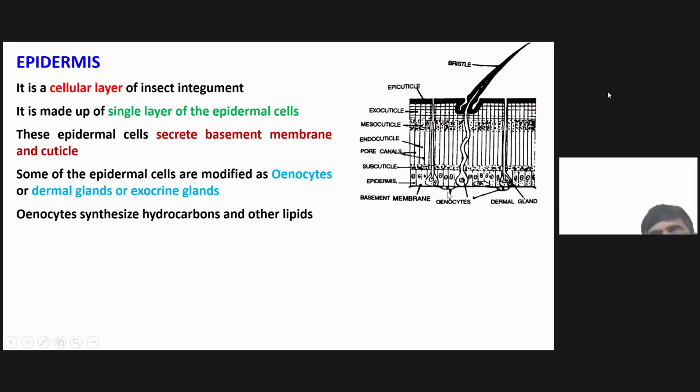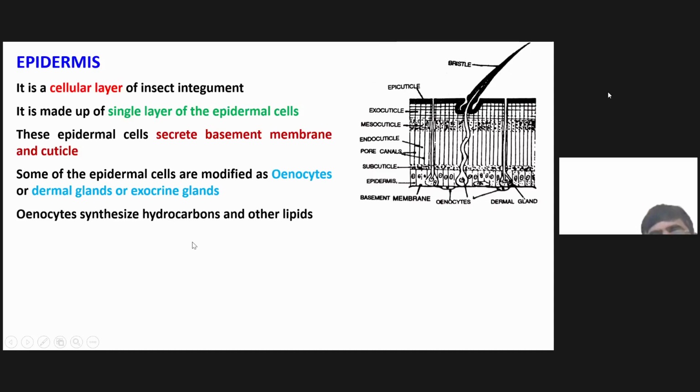And the function of these oenocytes: oenocytes synthesize hydrocarbons and other lipids. This is the formation of the upper layers, that is cuticle.